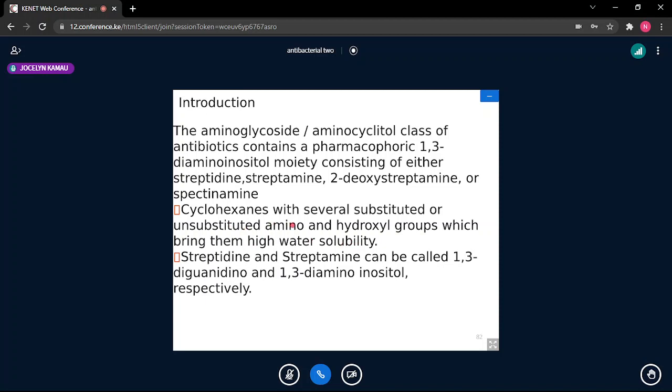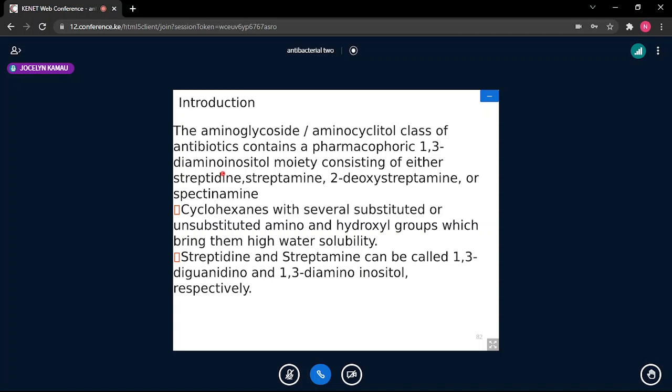When you talk about amino groups, there are so many that the molecule will have very high water solubility, and no wonder all the aminoglycosides are given parenterally. None of them has oral activity because of the very high water solubility brought in not only by the aminoinositol molecule, but the fact that even the amino sugars have a large substitution of hydroxyl and amino groups.